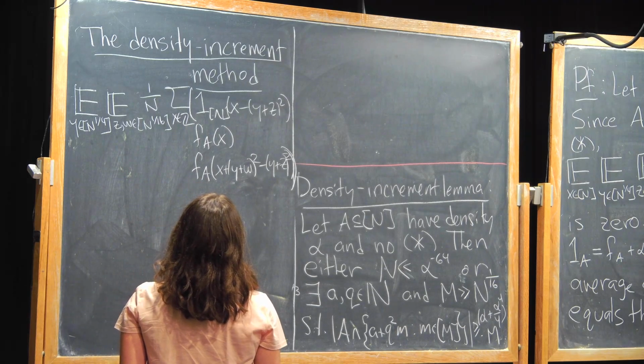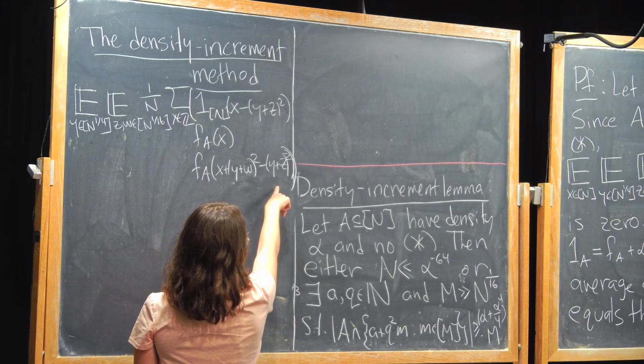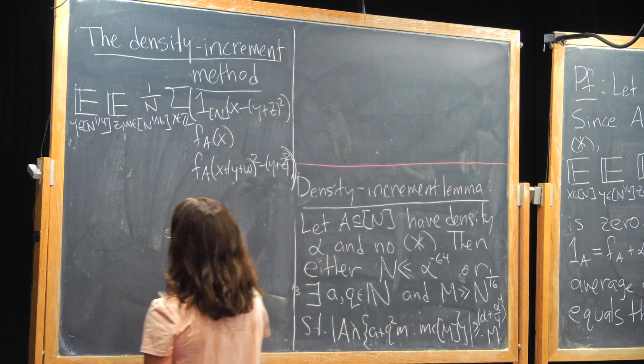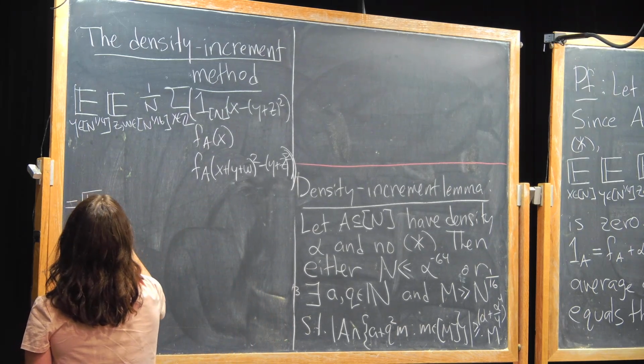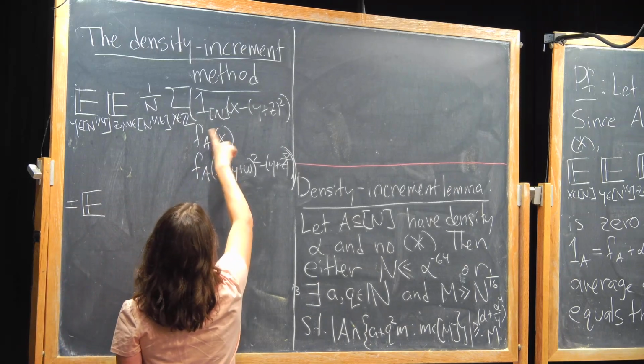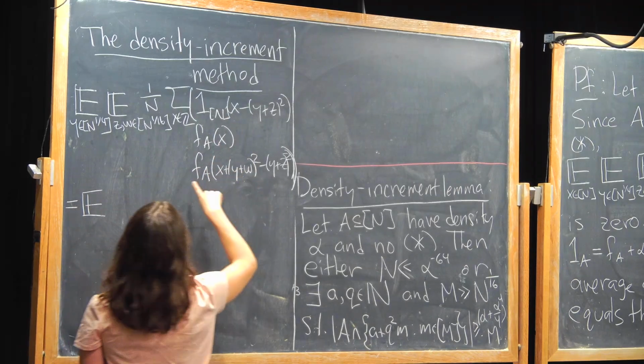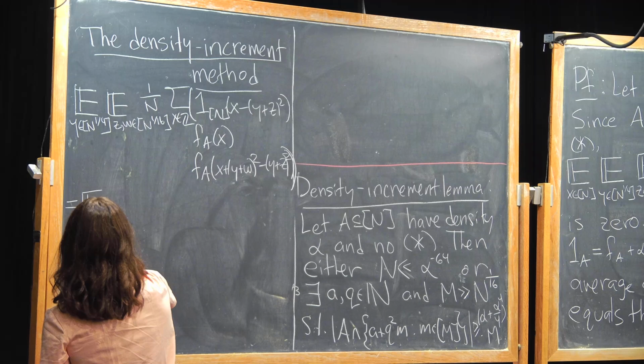Okay, and also we can expand these squares and then do the subtraction. So we get that this equals, if this is replaced by just the indicator function of x, then we get our average over x back.